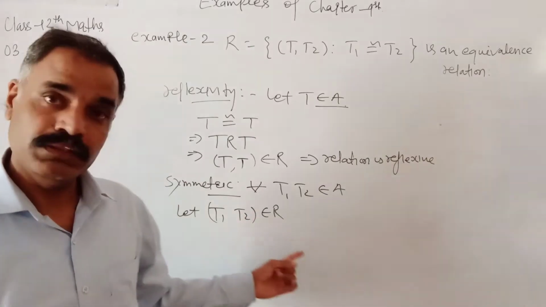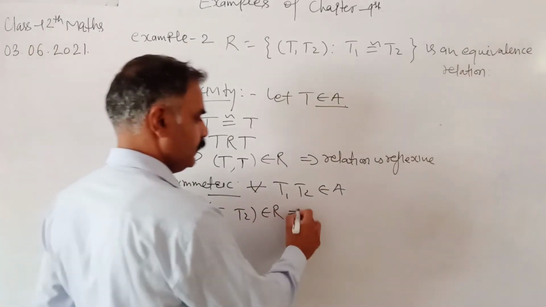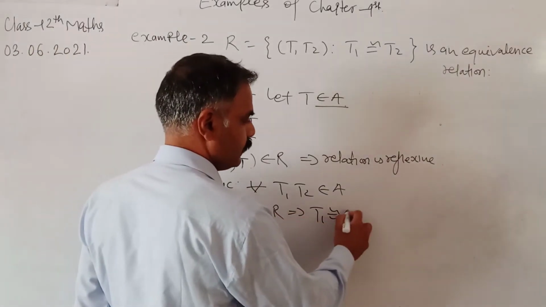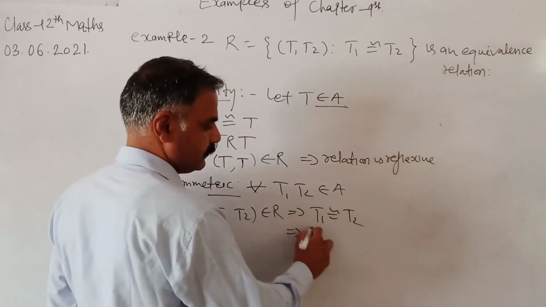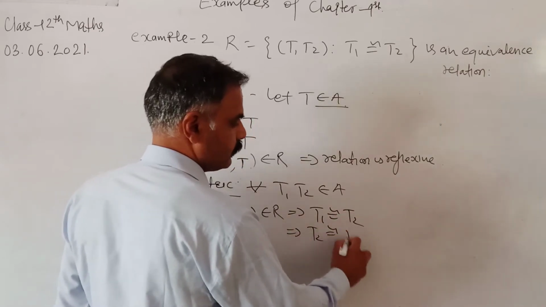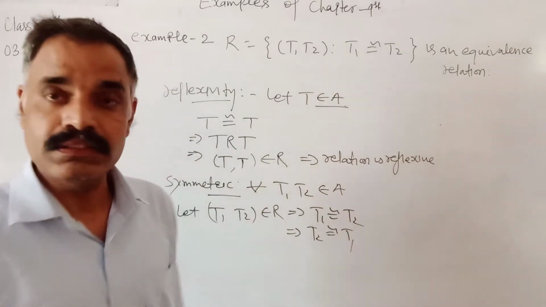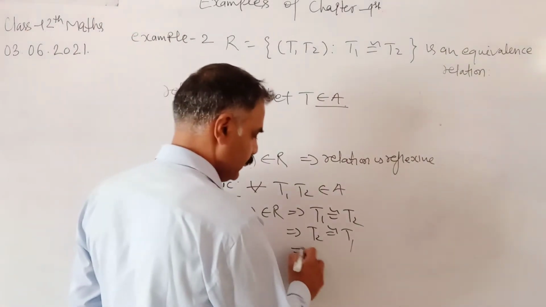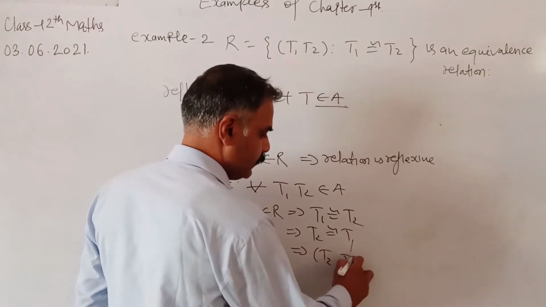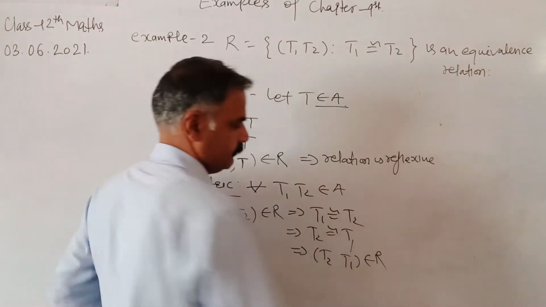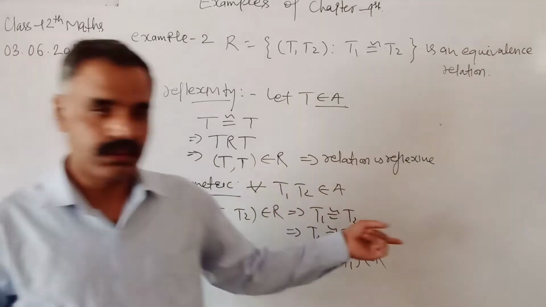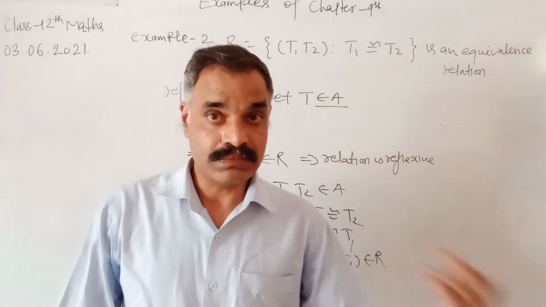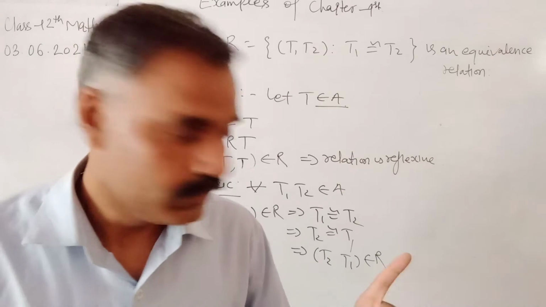If (T1, T2) belongs to R, it means T1 is congruent to T2. It means T2 is congruent to T1. When T1 is congruent to T2, conversely T2 will also be congruent to T1.